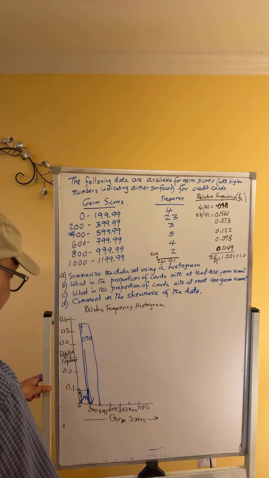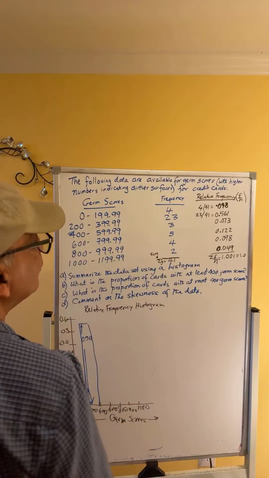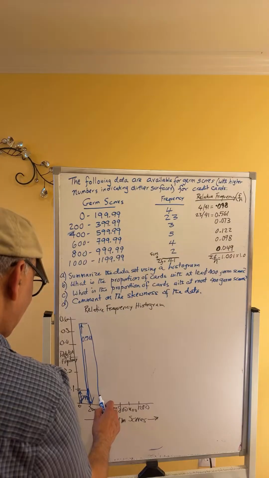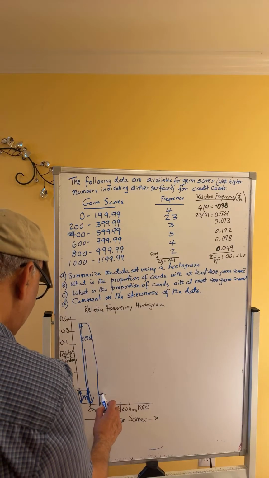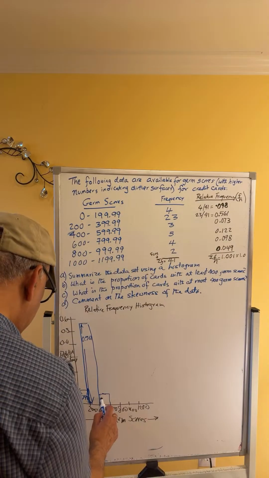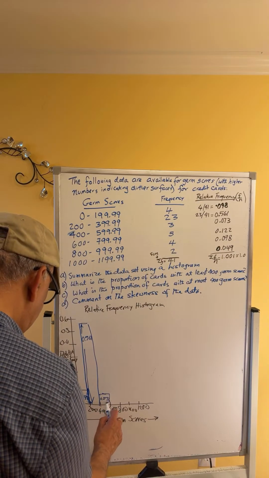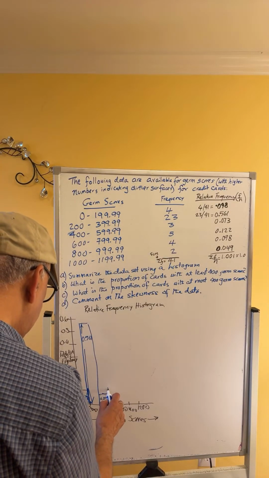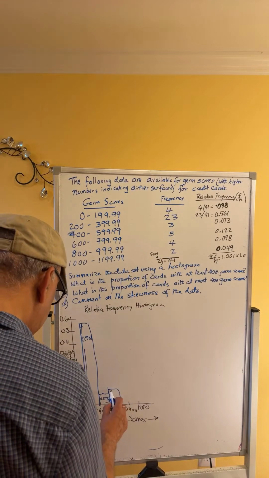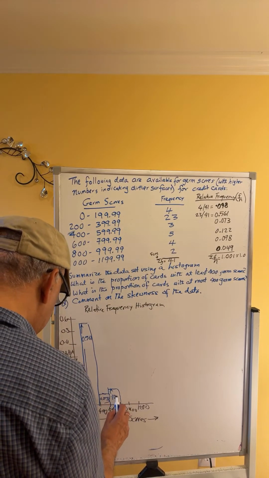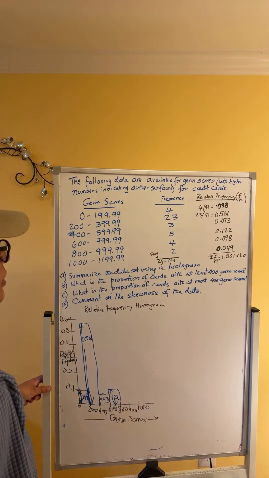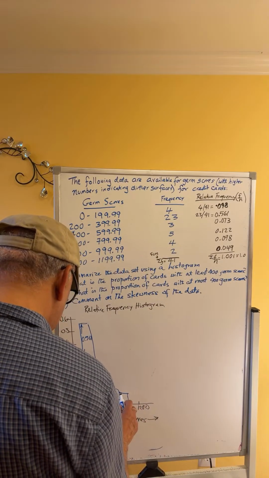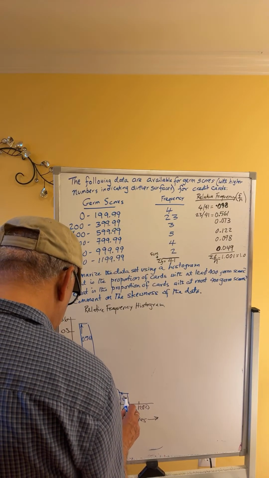The next one has height 0.073. Next one, the height is 0.122. Next one is 0.098, so slightly below. So this height is 0.098.